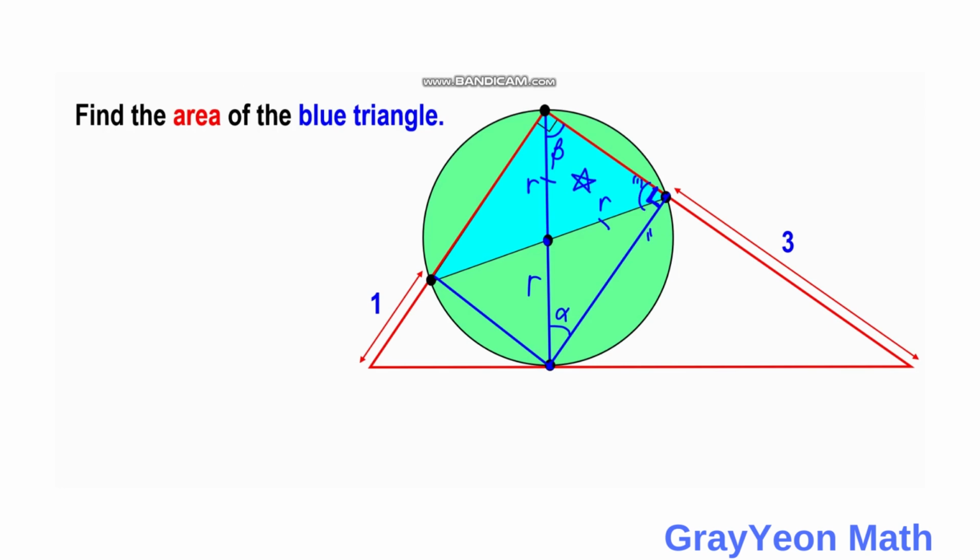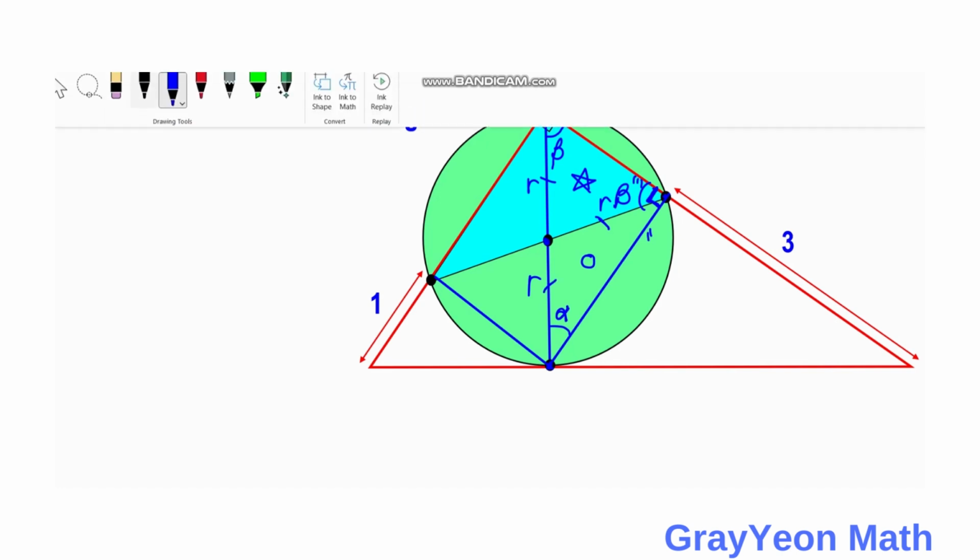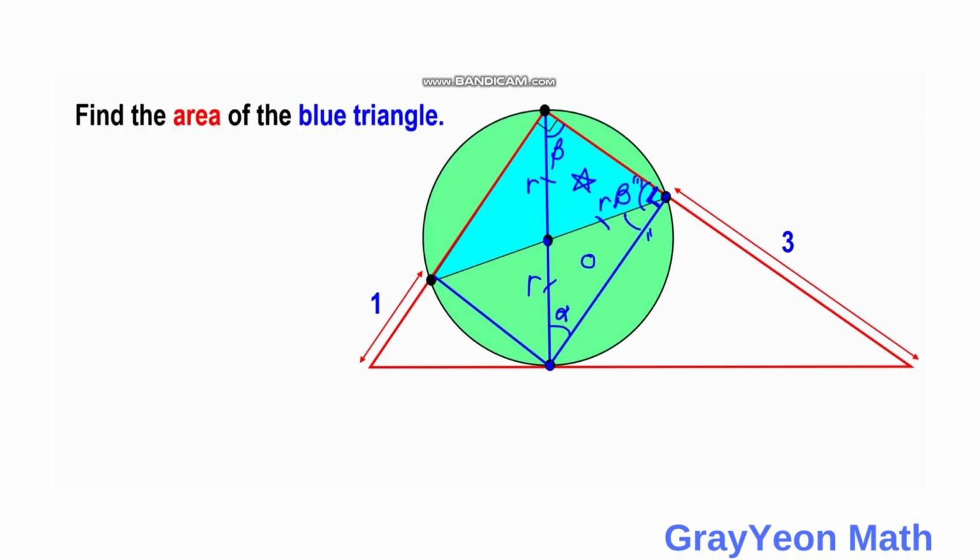So this angle is beta. Next we focus on this triangle. If this is alpha, and since this is R and this is R, then we have an isosceles triangle. So if this is alpha, then this angle is also alpha. Next we focus on this combination of the blue and the green.